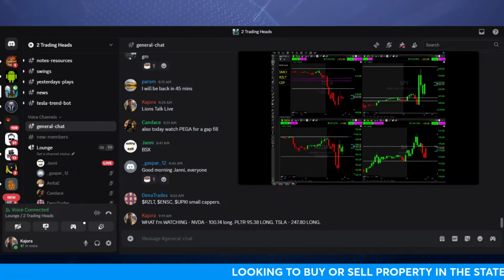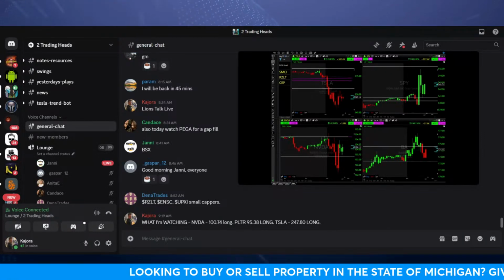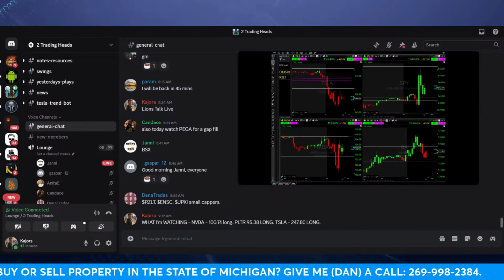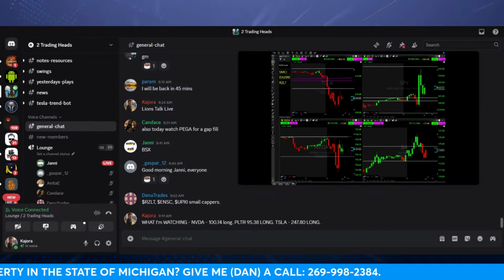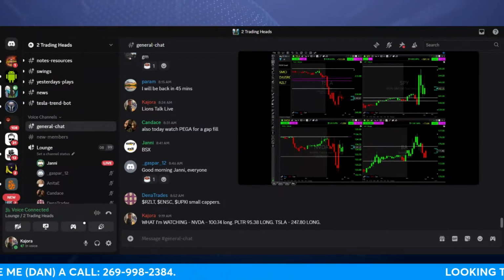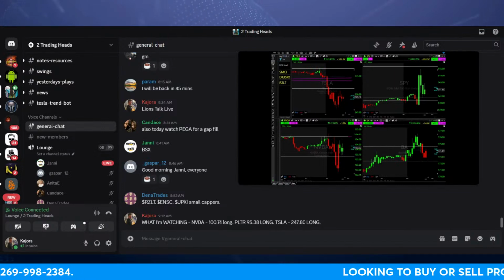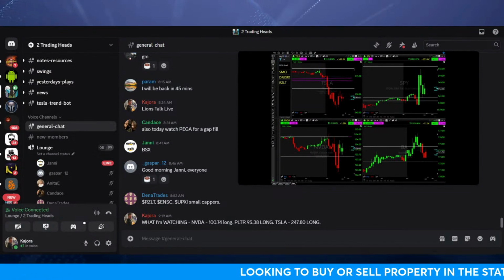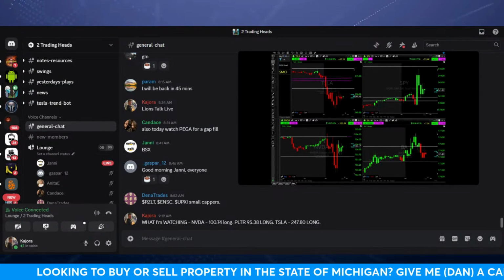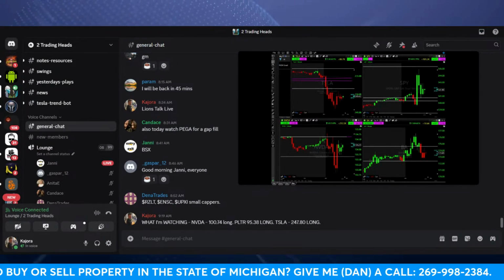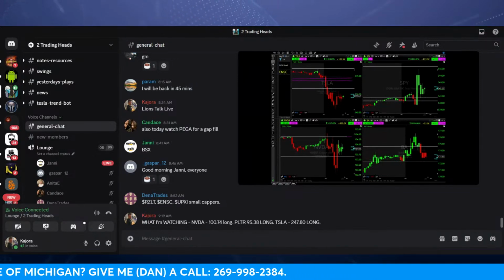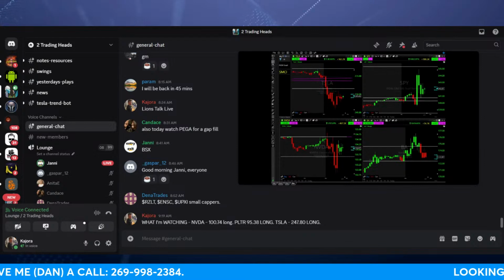Darn it. Well, that was a choppy move that we got out of SPY. BA coming down and retesting support here. We want to break.